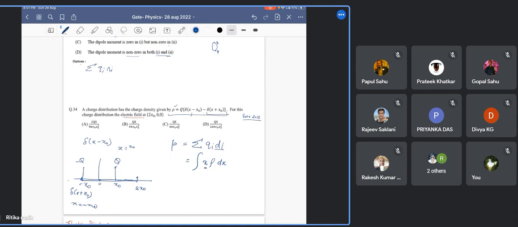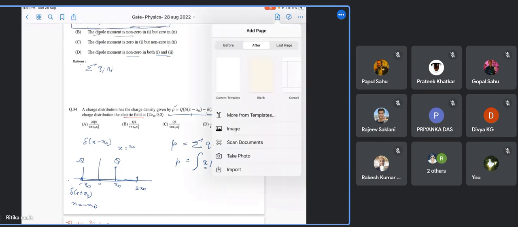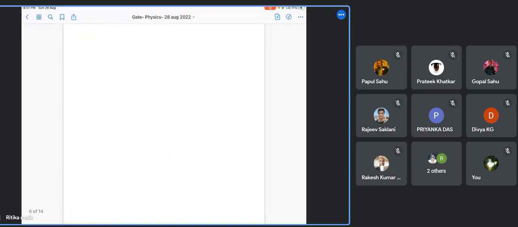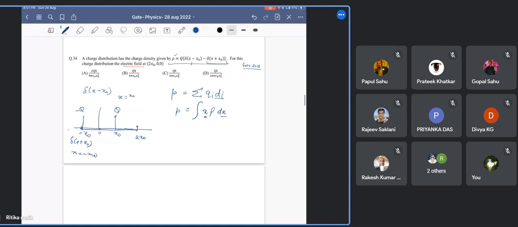Otherwise it will be rho multiplied by the volume element dV. So the electric dipole moment is given by the integral of x rho dx.